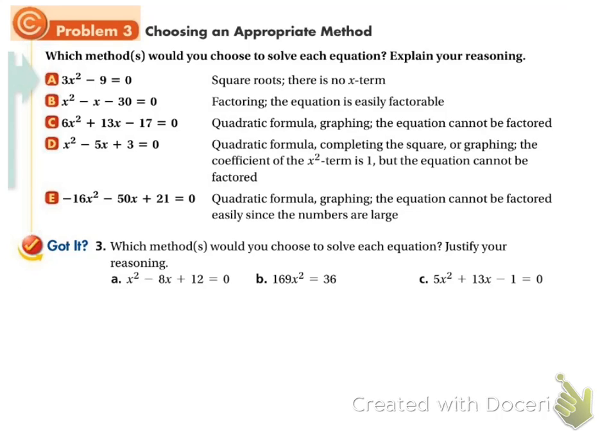So, factoring. You should use factoring when a is equal to 1, so when that first coefficient is 1 and it just starts out with an x squared, and you can factor it.